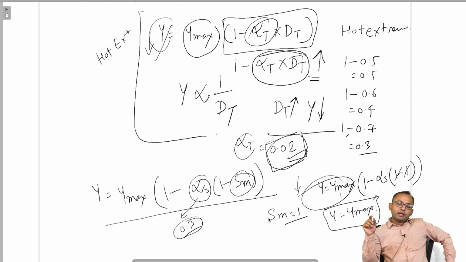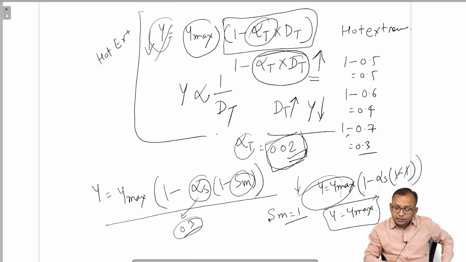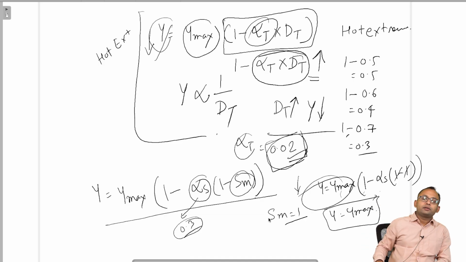Then you can relate this with the real world scenario and say which alpha value we should take so that it clearly represents the production of crop yield in a certain region during different types of extreme weather.